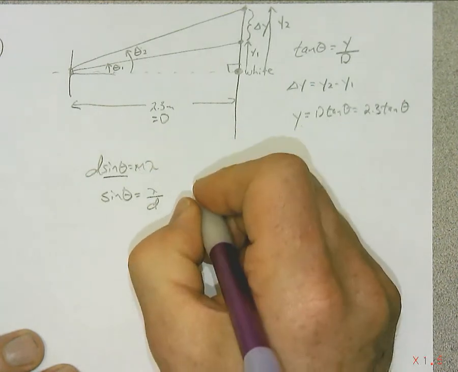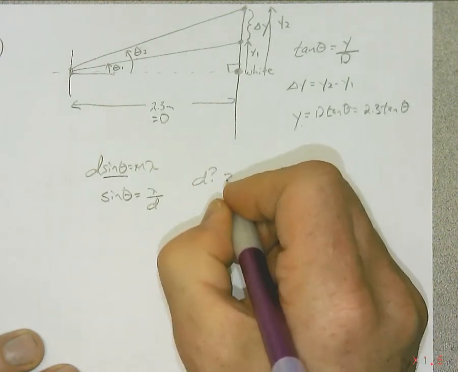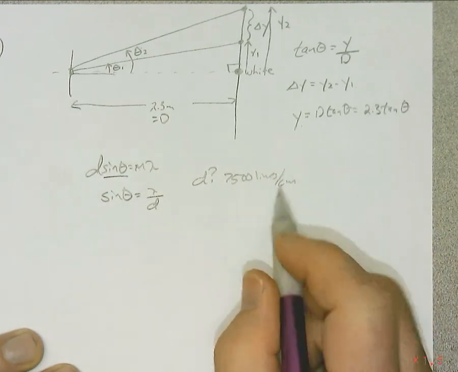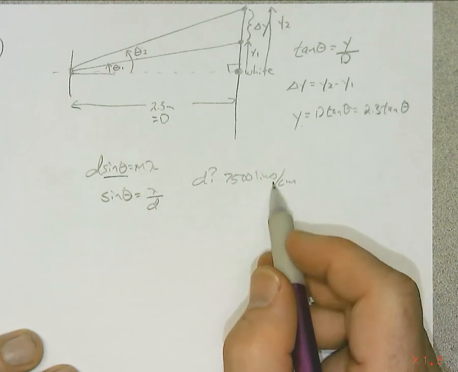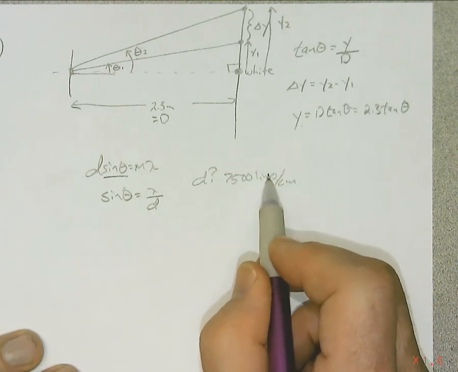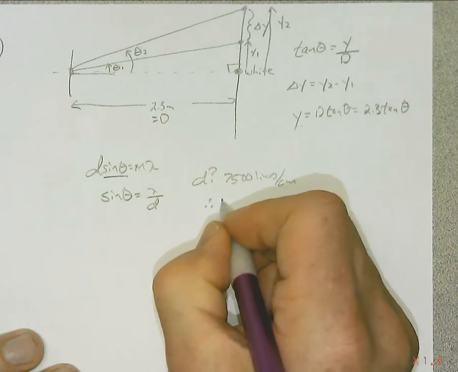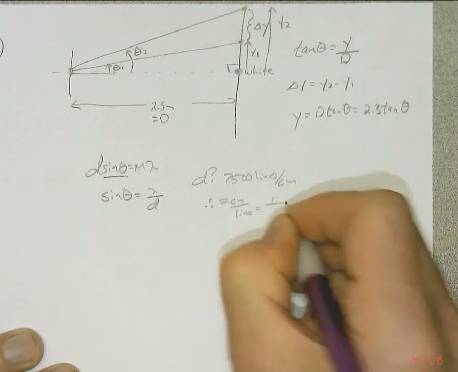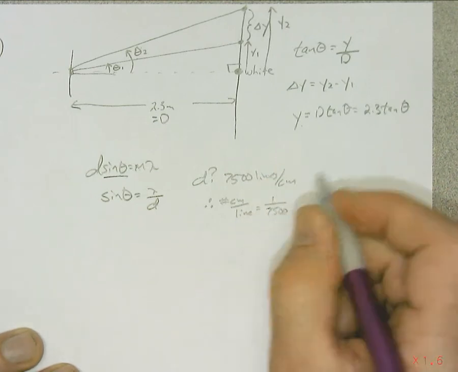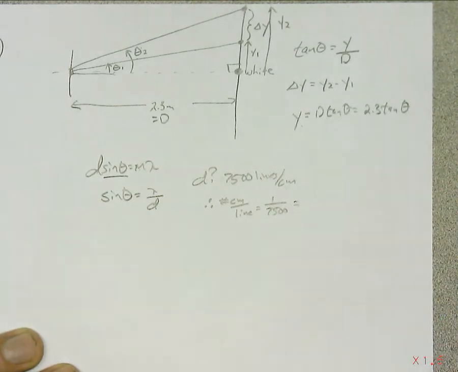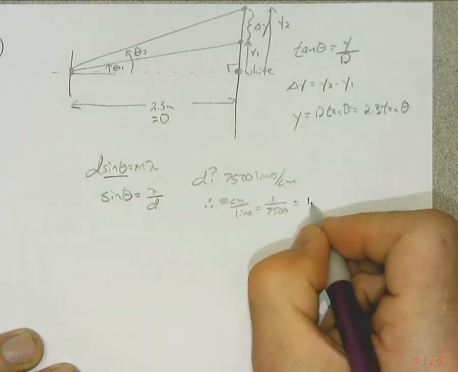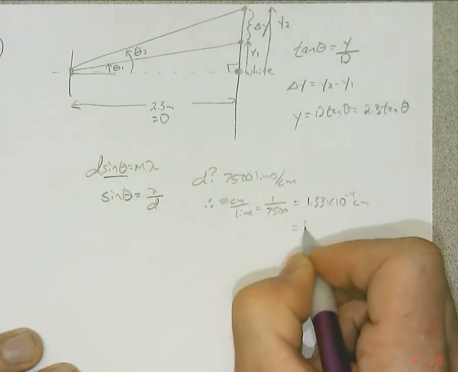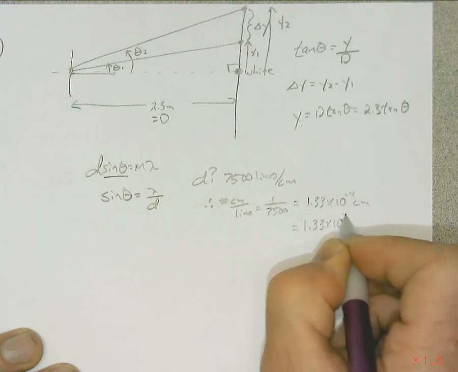Well, what's d? We have 7,500 lines per centimeter. Notice, lines per centimeter is not what we want. We want centimeters per line. So the number of centimeters per line is the inverse, 1 over 7,500, which on the calculator is 1.33 times 10 to the negative 4 centimeters, which is 1.33 times 10 to the negative 6 meters.